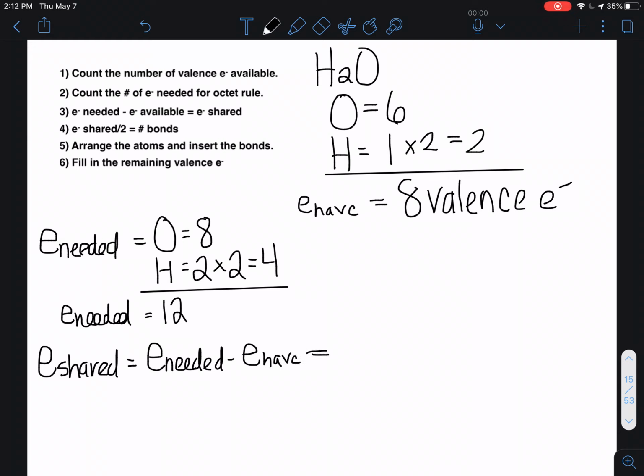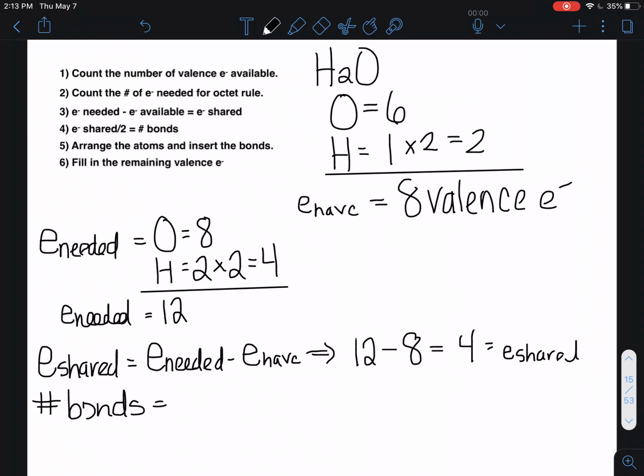Okay, so that means E shared is going to be equal to 12 minus 8 equals 4. And that is, again, E shared. Okay, now the number of bonds equals E shared divided by 2. So that's going to be 4 divided by 2, and that's going to be 2. That's the number of bonds.